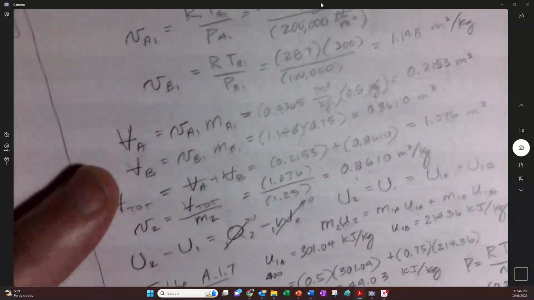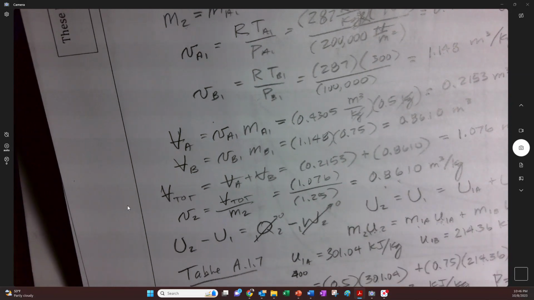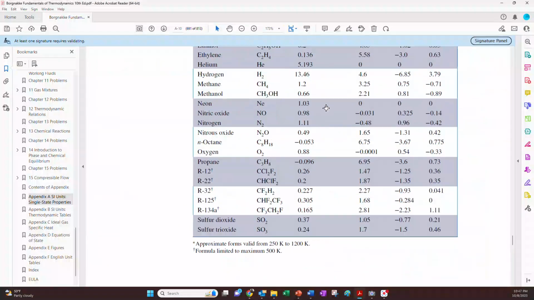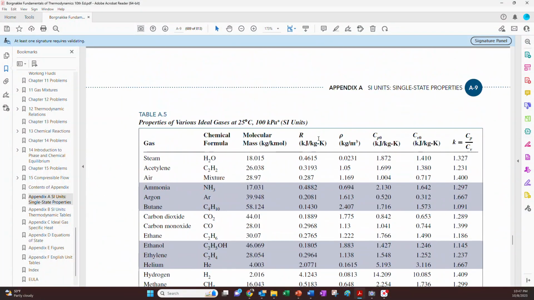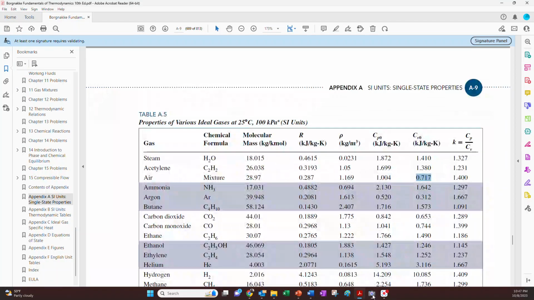But we can look up the specific heat of air. It's like right here in a table nearby. So I just want to try it and see. I don't know if I'm correct or not, if that would give me the values that I want. But here you go. So we should be using this specific heat for constant volume when it comes to internal energy. We should be using the pressure one when it comes to enthalpy, but we are dealing with internal energy in this calculation. So I still didn't write it down because I can't remember things.